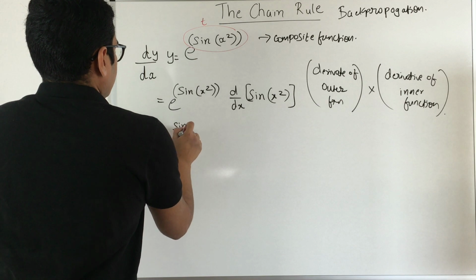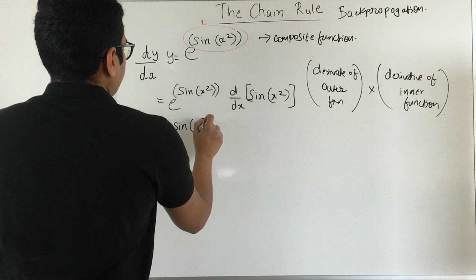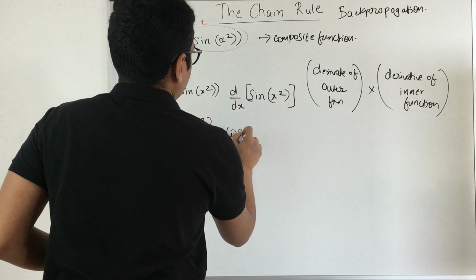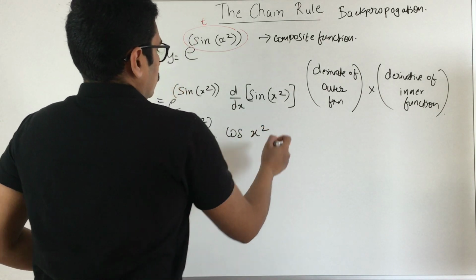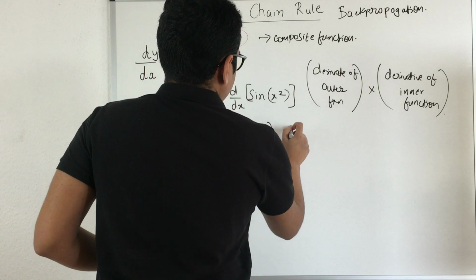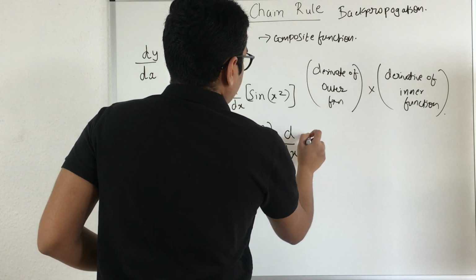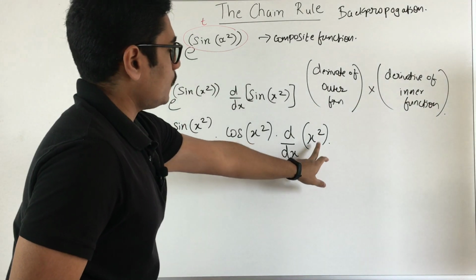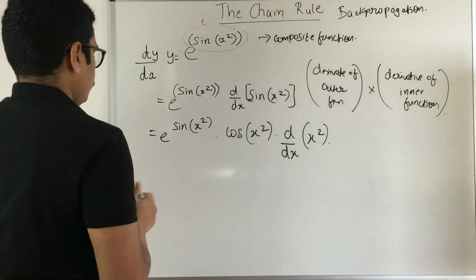So you have e raised to sine of x square into, if you take the derivative of sine of x square, that becomes cosine of x square. Now you should not stop, you have to take the derivative with respect to x square also. Now this is pure in terms of x.